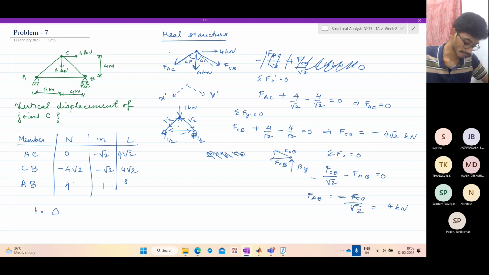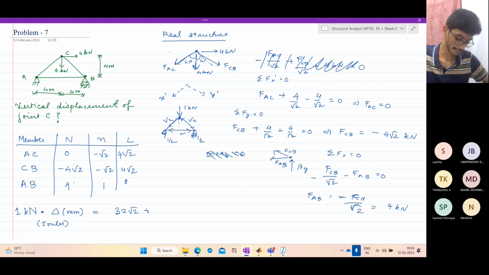Remember, 1 kilonewton acting on delta in mm will give in joules is equal to, first one doesn't matter. So 4 root 2 into minus 4 root 2, 4 root 2, 4 root 2 will be 16, 32, 32 root 2 plus 32.